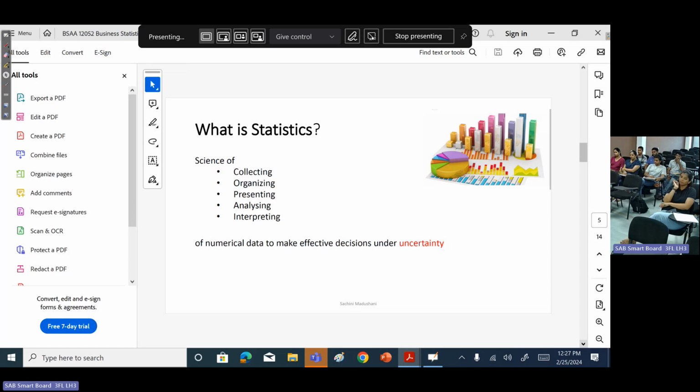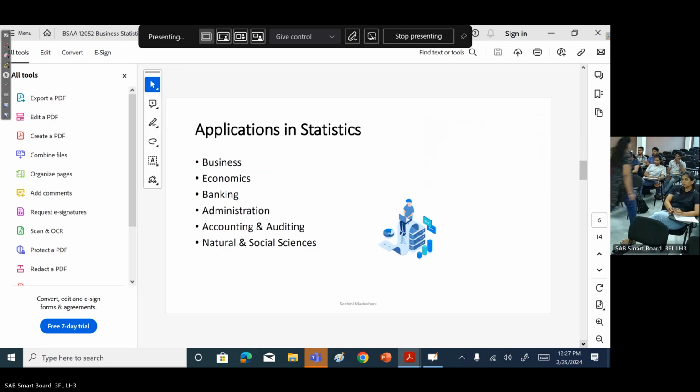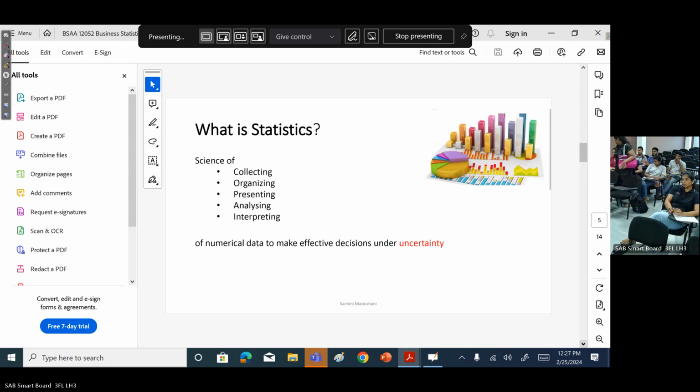These are the 5 steps in statistics. What are they? In the statistics process, there are 5 steps: collecting, organizing, presenting, analyzing, and interpreting.